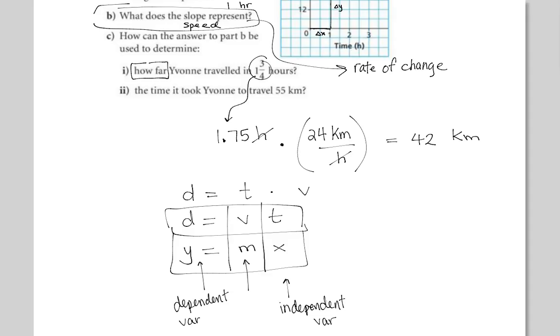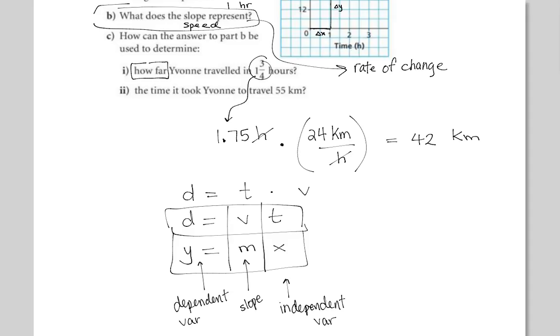And then this one would be the slope, or the rate of change. The slope is the rate of change. So the speed is the rate of change, which is the slope. So you guys, in Science 10, you had to take the slope of a DT graph, and the slope of a DT graph was your speed. Okay, so the slope, VT. It's the same as TV, but this looks better, VT.